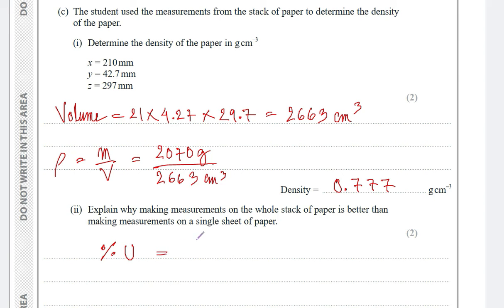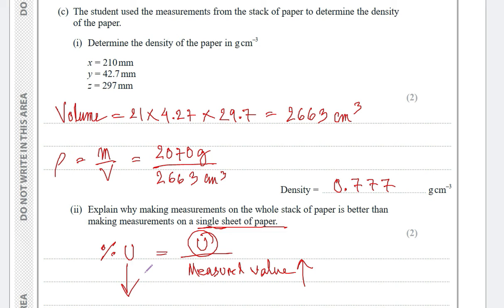So the equation is percentage uncertainty equals uncertainty divided by measured value. So when you are taking measurements of a stack of papers instead of a single sheet of paper, right? So the measured value is greater. Uncertainty remains the same and the percentage uncertainty decreases. Literally, this is your answer.